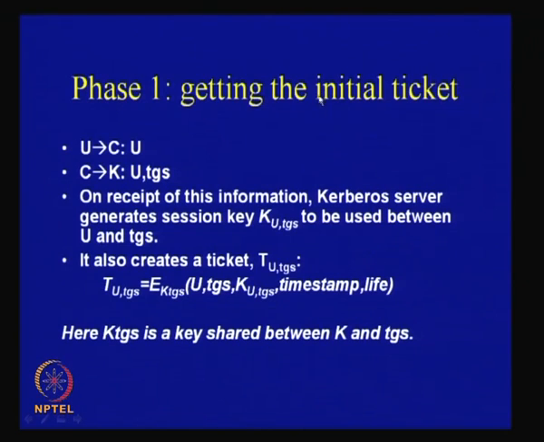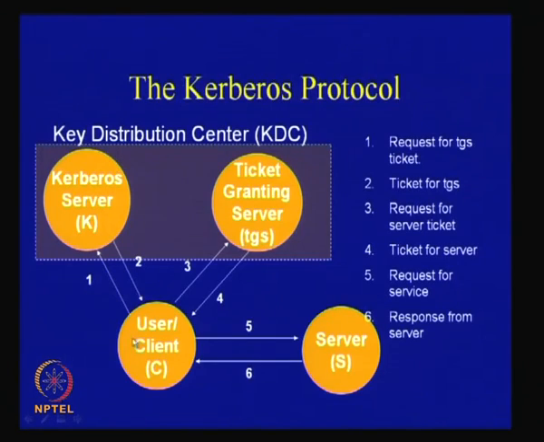So, there are 3 phases in this, as you see. Okay. The first phase is like this: the user communicates with the client and sends its own identifier, which is U. The client then sends back to K. What we are saying is that we are dividing the user and the client into 2 entities.